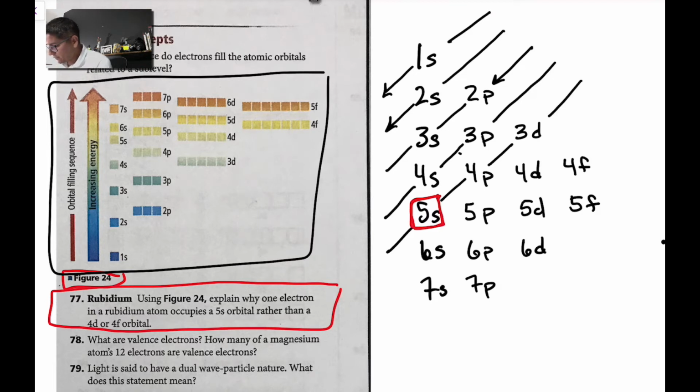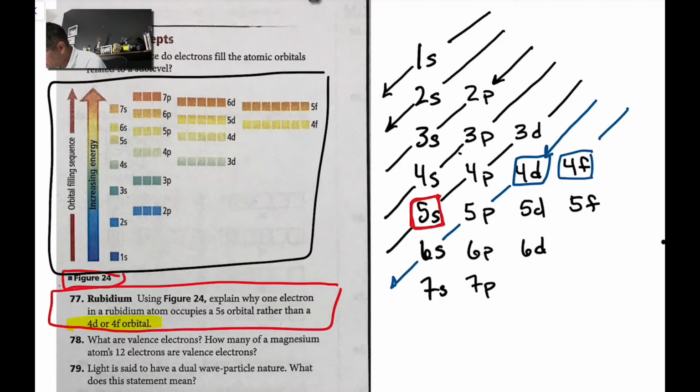Now you'll notice that 5s came up first. So here it's asking, why does 5s show up first before 4d and 4f? As I continue, look what's next. After the 5s, it's my 4d, and then 5p, 6s, and then I get to my 4f.